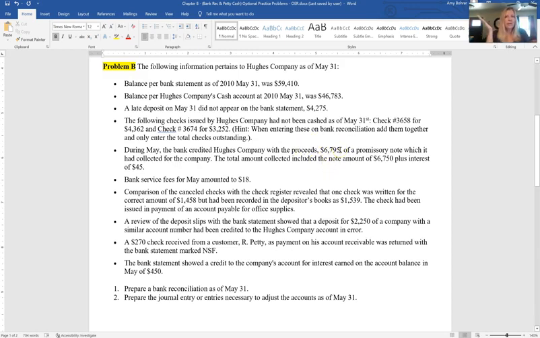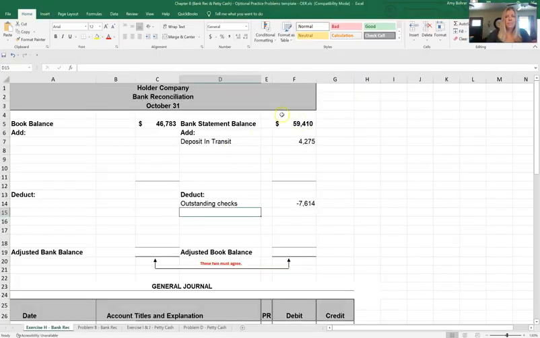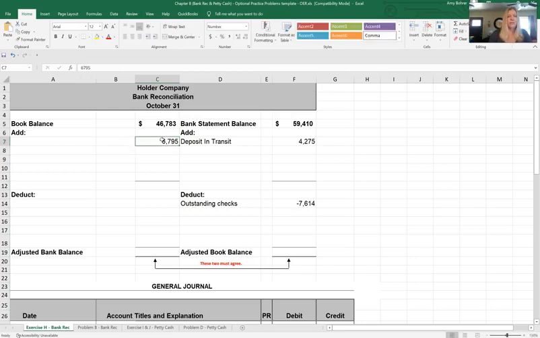It's on our bank statement, but we didn't know about these funds until we received a notice from the bank or got the bank statement. So it is included already in this balance. The bank has already put it in there, but until we got the bank statement, we didn't know that money was in our account. So we have to add that, since it's money they put into our account that we didn't know about, and it was $6,795.